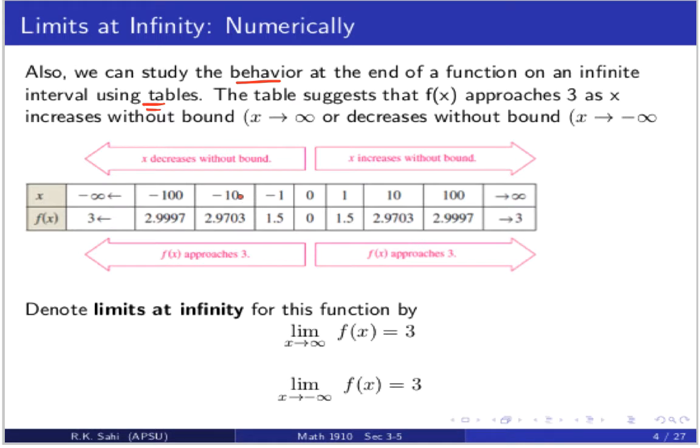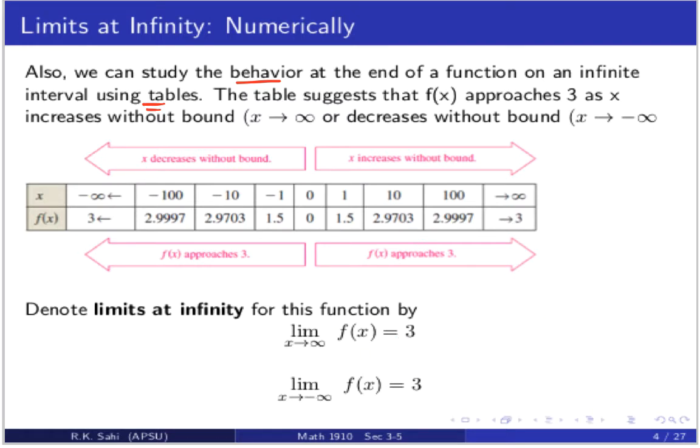Or if x is increasing, say take 1, 10, 100, once again the values are approaching 3. So what we see is the limit of this function as x approaches infinity or negative infinity is 3.